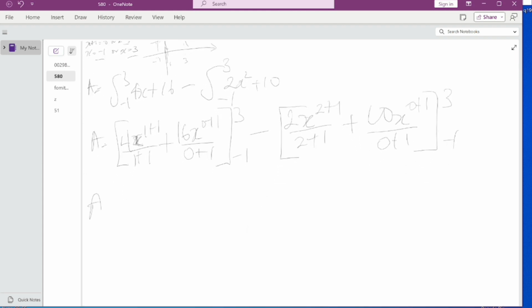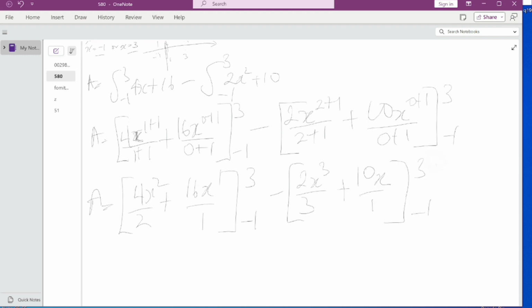Then we'll break it down. A equals 4x to the power of 2 over 2 plus 16x to the power of 1 over 1. Close our bracket, 3 minus 1. We have 2x to the power of 3 over 3 plus 10x over 1. We'll put our limits.